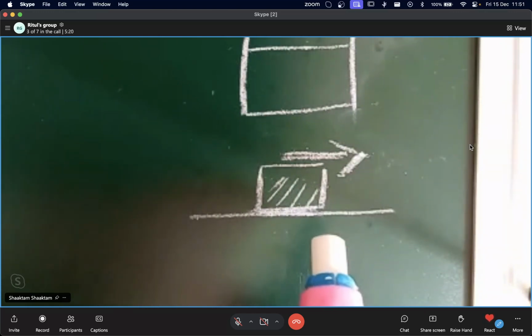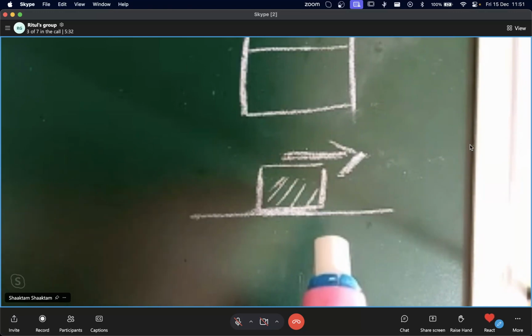Face deformation, though, with time will decrease. This is where the distinction lies. In a solid, deformation takes place, but deformation with time will decrease. That means the rate of deformation is decreasing with time.